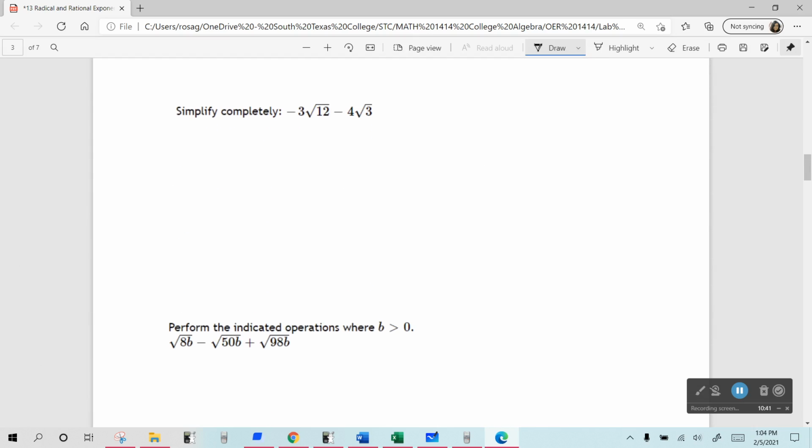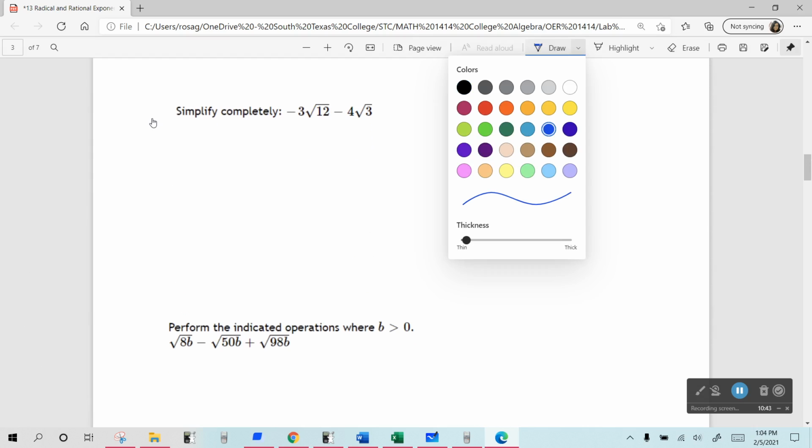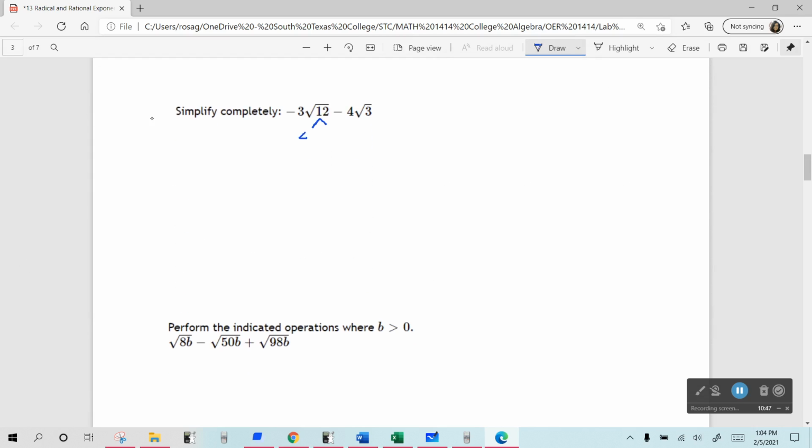Here's another one. So again, the radicals inside are not the same, so we're going to simplify the 12. 4 and 3, 2 and 2. So we're looking for pairs, so the 2 comes outside. This 3 didn't have a pair, so it stays inside, and we bring this.